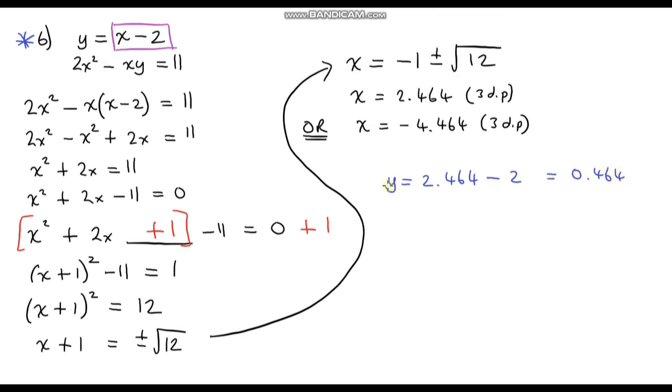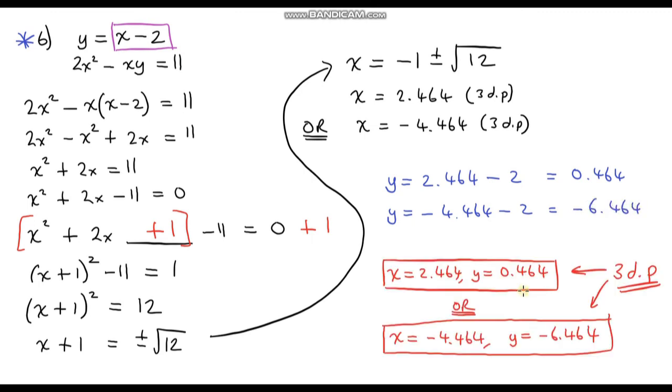And then our other value, so we're going to substitute this value in now. So it's going to be negative 4.464 minus 2, and that will give us negative 6.464. So we now have our two solutions, and notice how I've given my answers both to 3 decimal places.